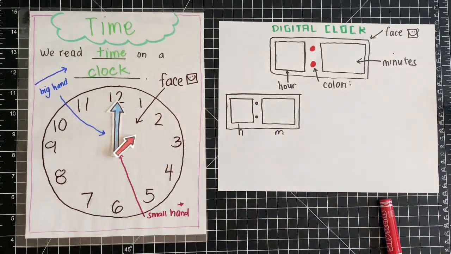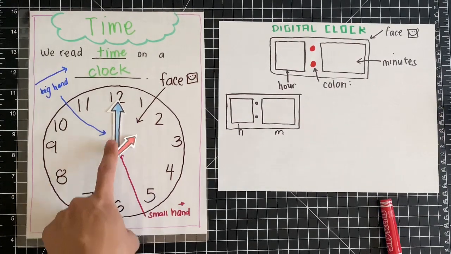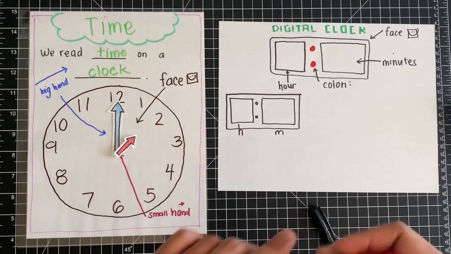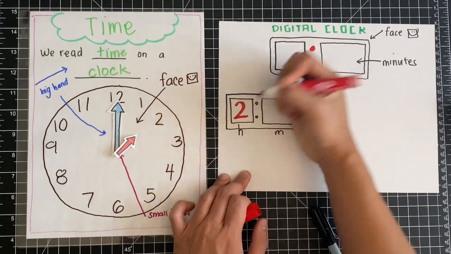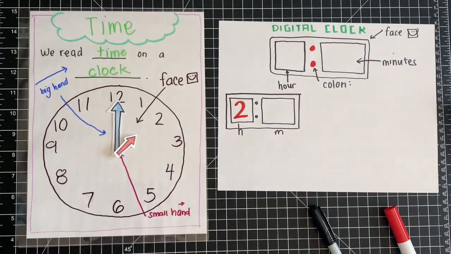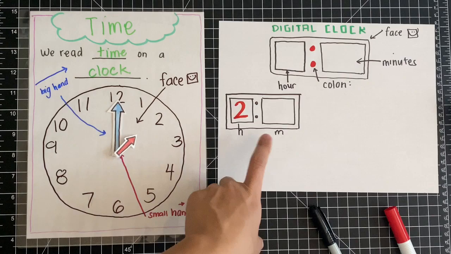All right, and we know the time. On the analog clock, we know it's 2 o'clock. So now I'm gonna write that here. The hour is 2. And then the minutes is o'clock. Do you remember yesterday what numbers do we write to represent o'clock?